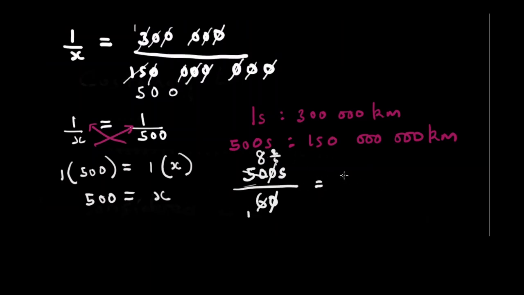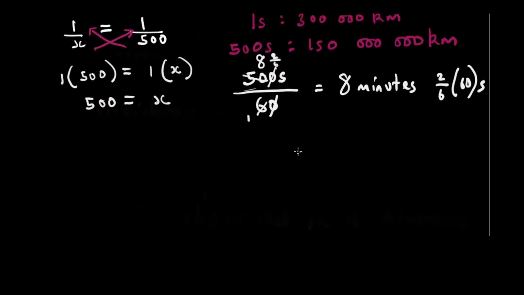So light requires 8 minutes and 2 over 6 of a minute to travel from the sun to the earth. So simplifying this, it is actually 8 minutes.